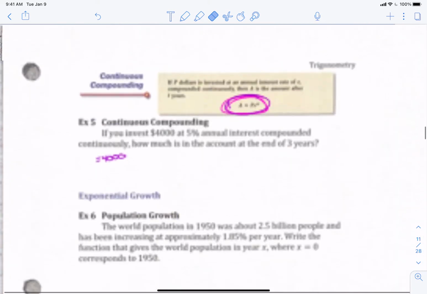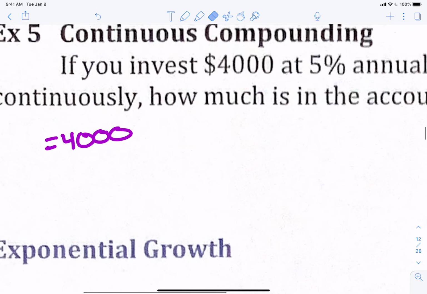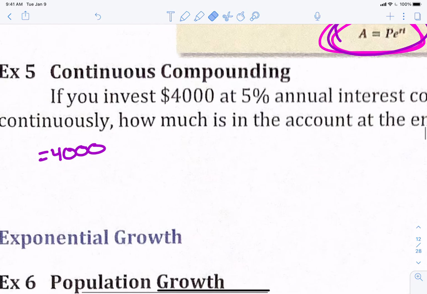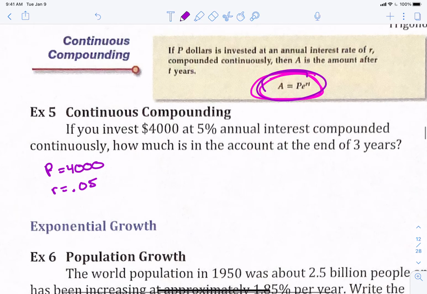So 4,000 is my investment, so that goes in for P. The interest rate is 5%, so we're going to put that in for R, but we're going to say R equals 0.05. Compounded continuously, so that's how we know we are using PERT. That's my PERT equation.